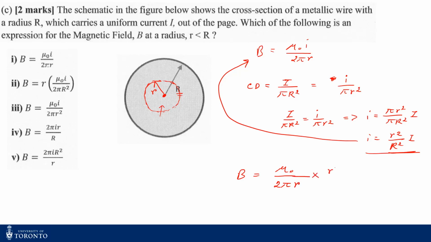What's my current? It's r squared over capital R squared times I. So I will get basically mu naught r I over 2 pi R squared. If we look into our options, we see option number 2 is the correct option.